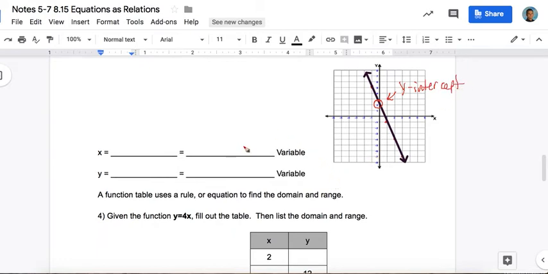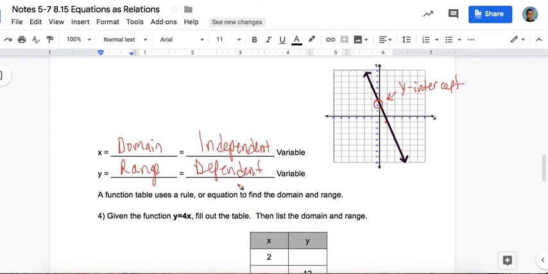Okay, now the x value, this is the domain, and we call this the independent variable. And then our y value, remember this is the range, and this is called the dependent variable.